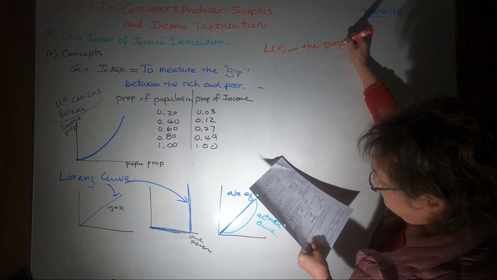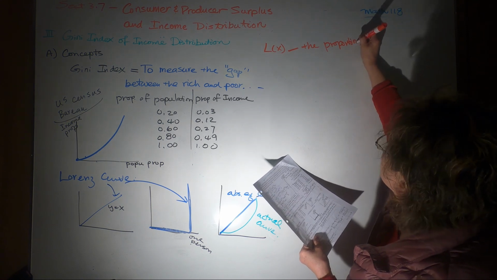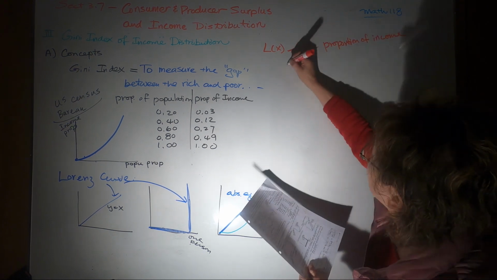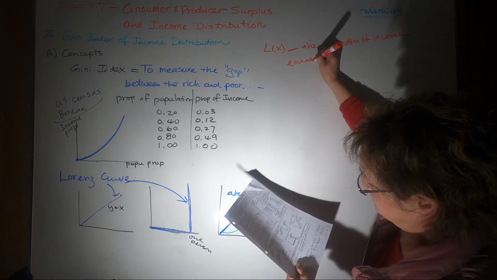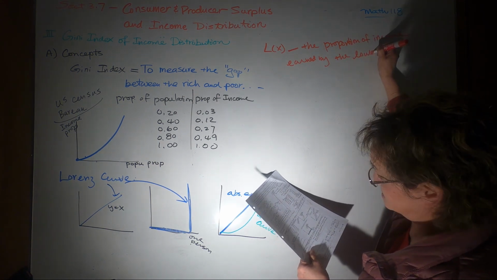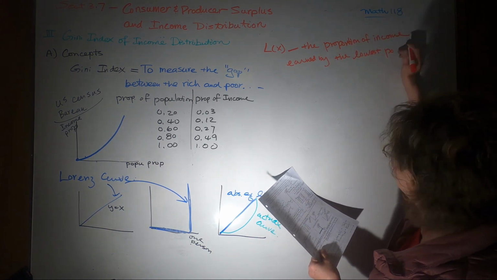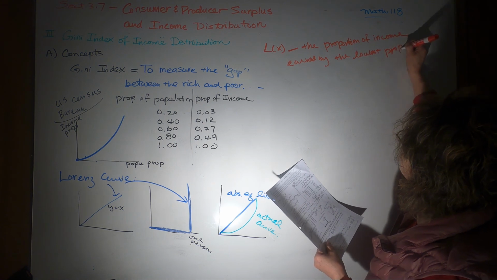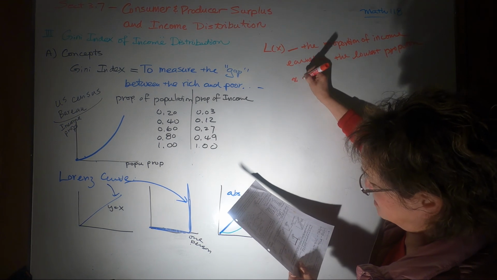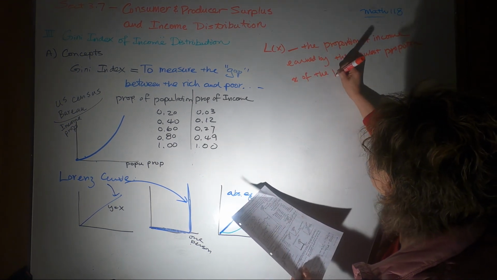The Lorenz curve gives the proportion of the income earned by the lowest proportion X of the population.